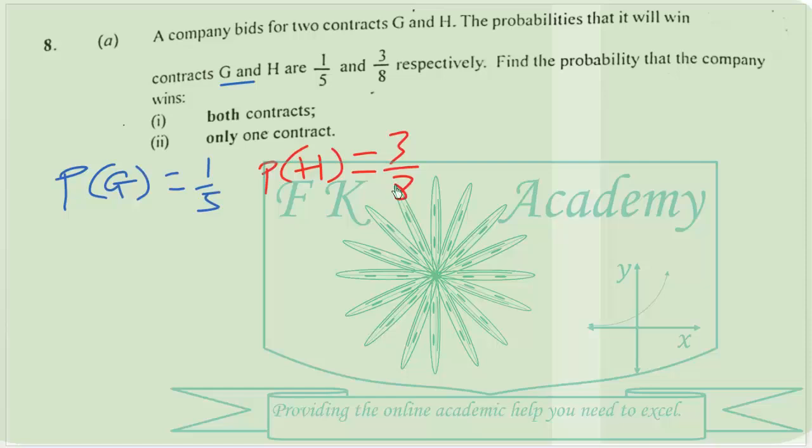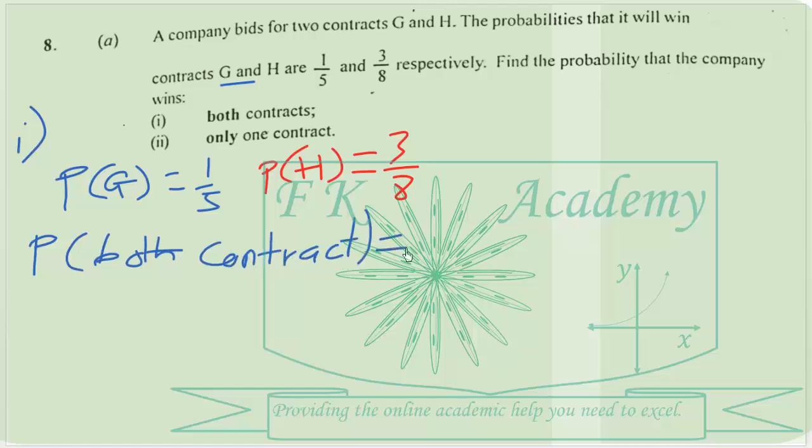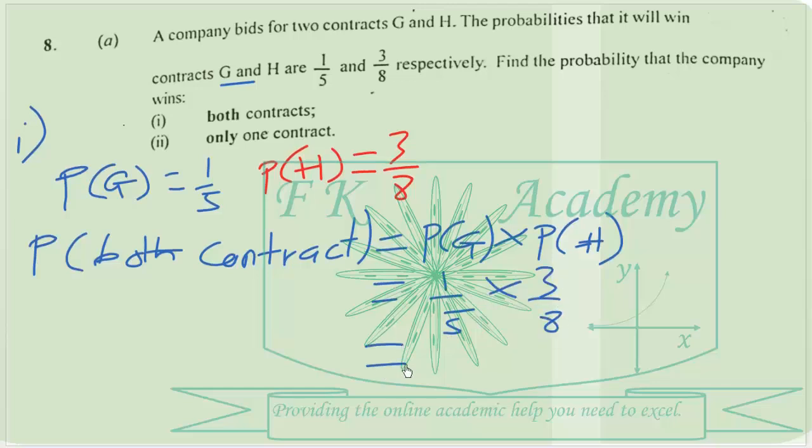So probability that the company wins both contracts will be equal to probability that he wins contract G and contract H. So that will be equal to 1 over 5 times 3 over 8. And this will give us 3 over 40.